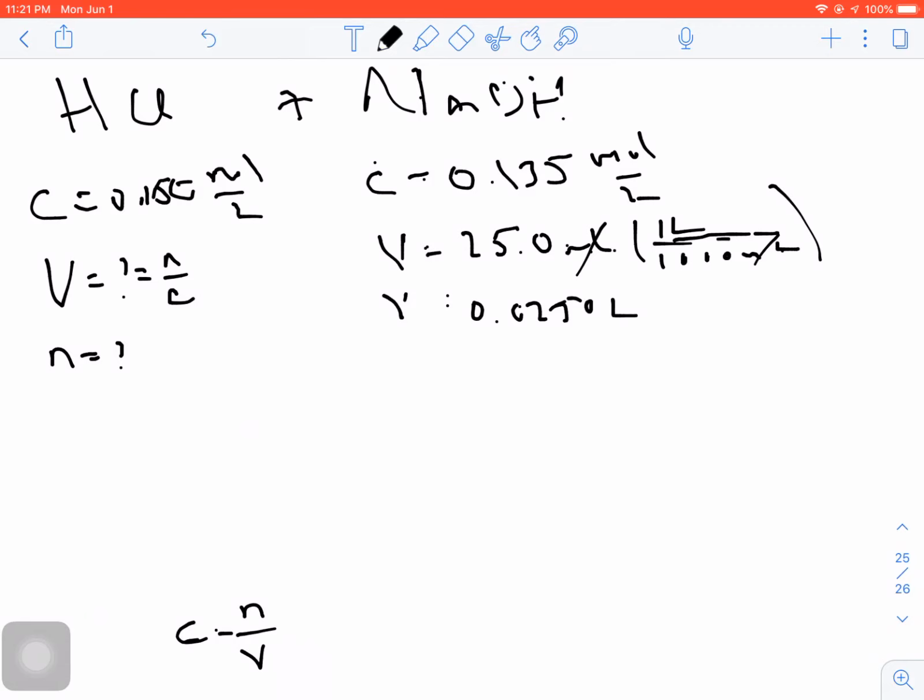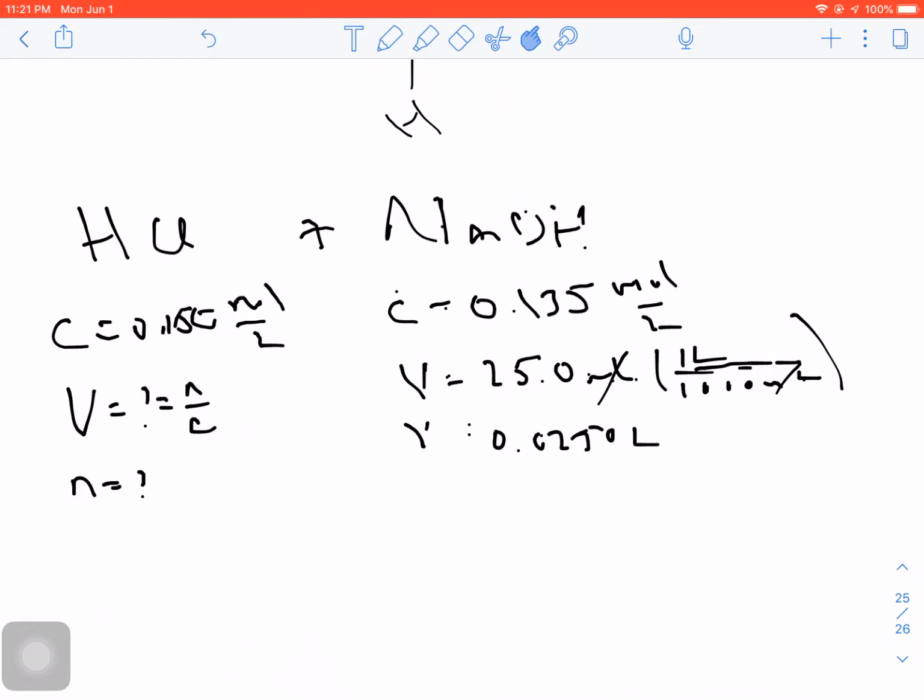Now, the reason why I skipped 3B and 3C is because the mole ratios weren't 1 to 1. But what I can see in this equation is that I have one H and one OH, so I'll get one H2O, and I've got one Na and one Cl, so I will get an NaCl.